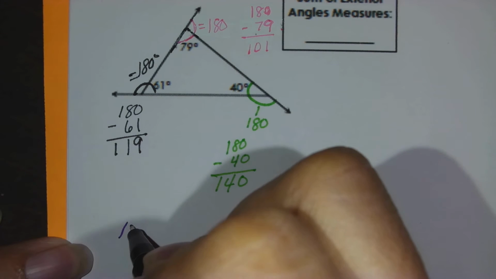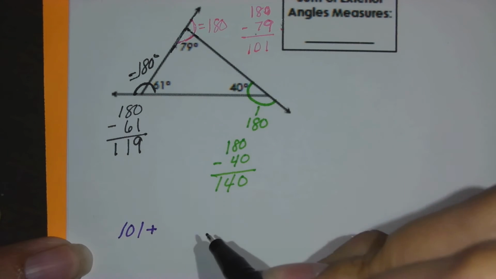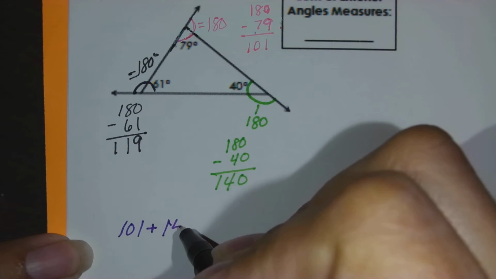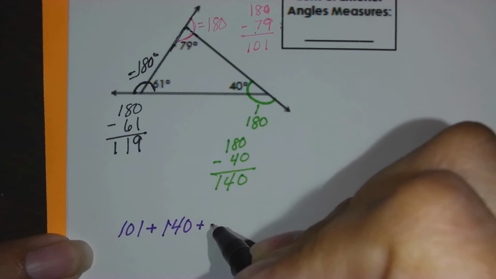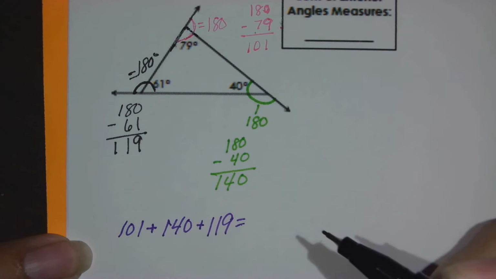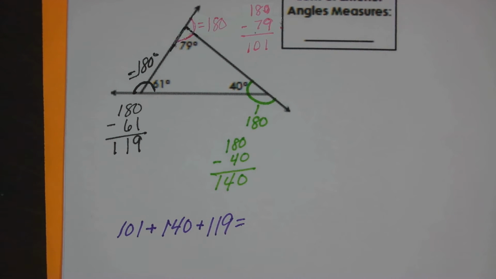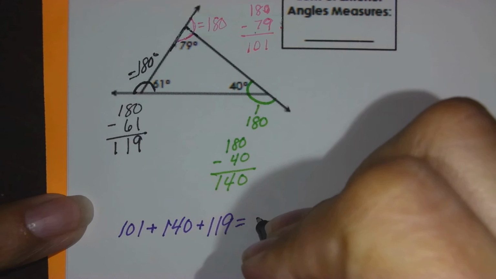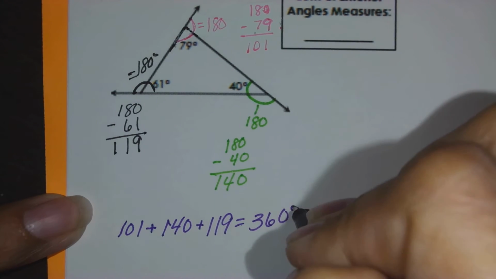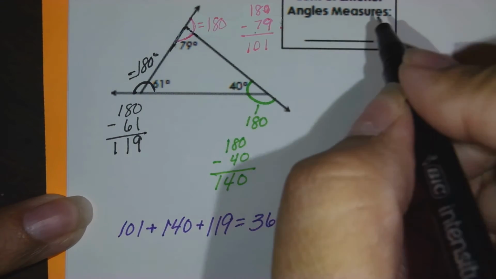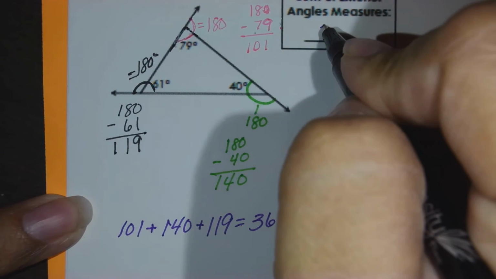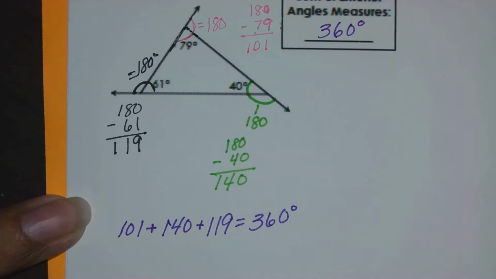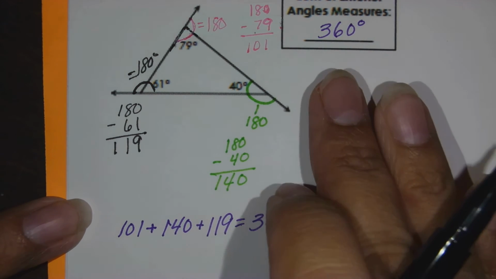So that's going to be 101 plus 140 plus 119. Then you do that calculation, and you should get 360 degrees. So the sum of the exterior angle measures is 360 degrees. That's for a triangle.